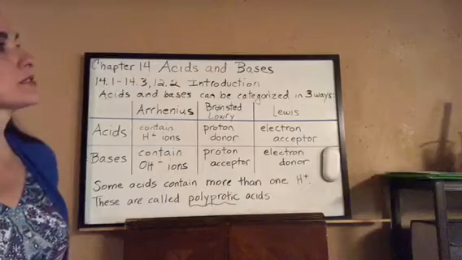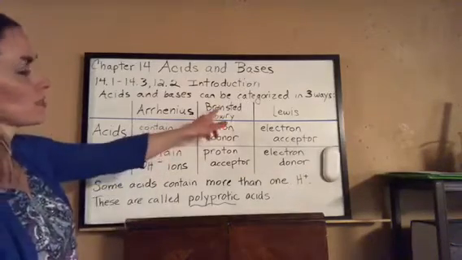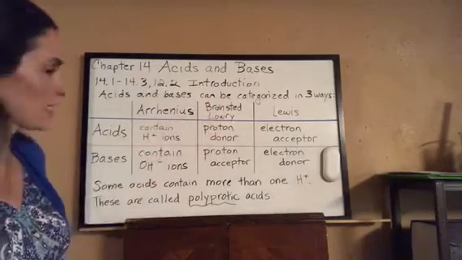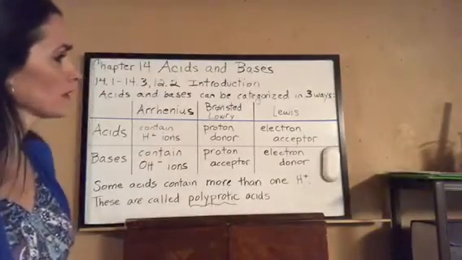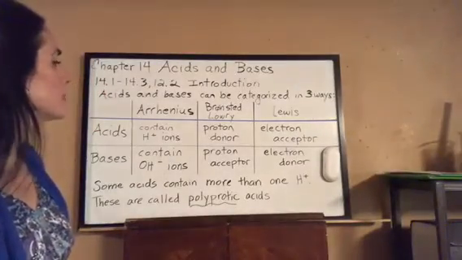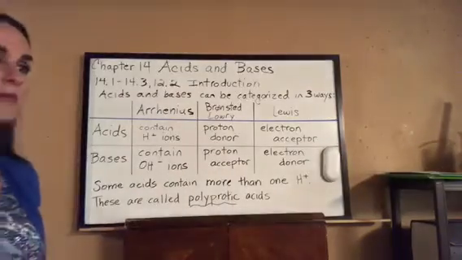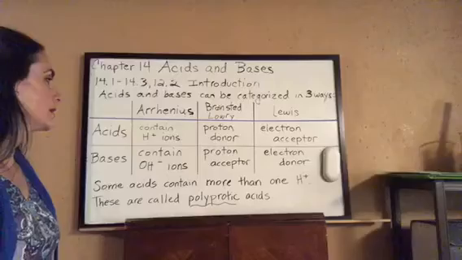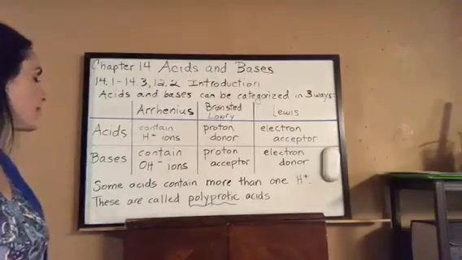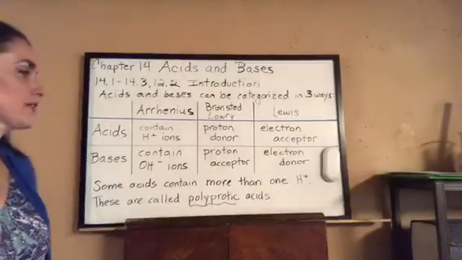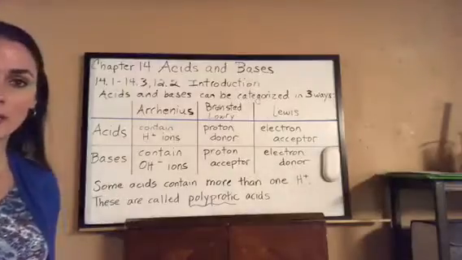Then there is the Brønsted-Lowry definition, and that's purposely an O with a slash, it's a different character, not in our alphabet. The Brønsted-Lowry definition of an acid refers to it being a proton donor. And the definition of a base, according to Brønsted-Lowry, is that it is a proton acceptor.